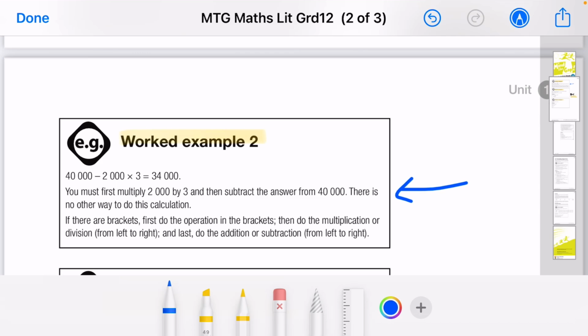There is no other way to do this calculation. If there are brackets, first do the operation in the brackets, then do the multiplication or division from the left to the right, and last do the addition or subtraction from left to the right.